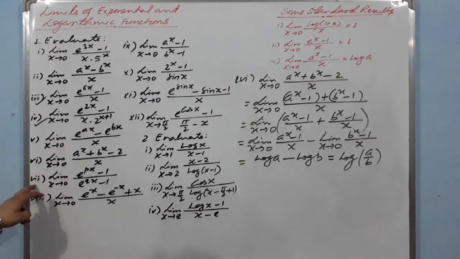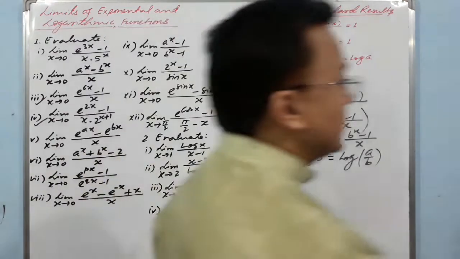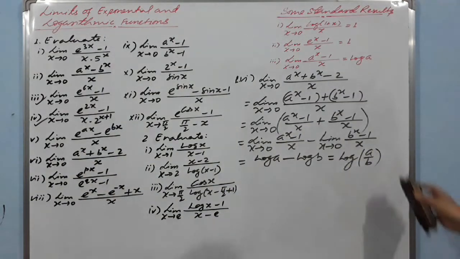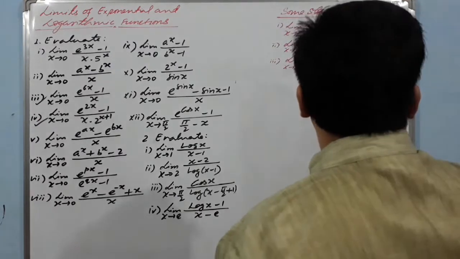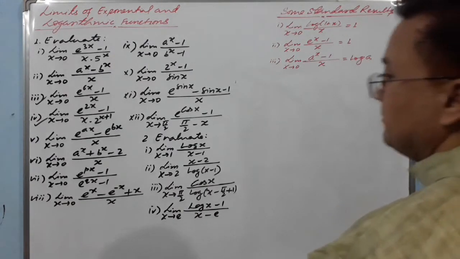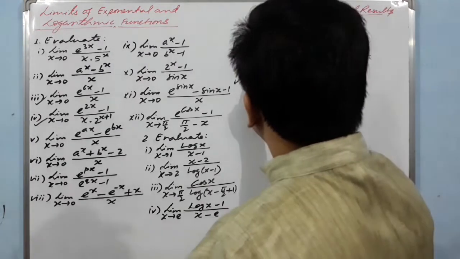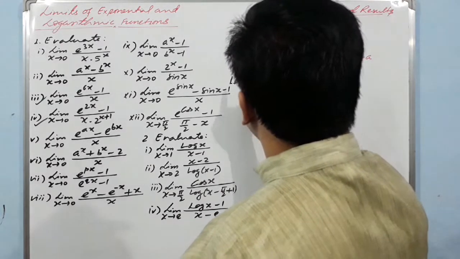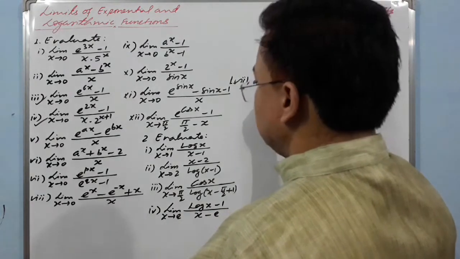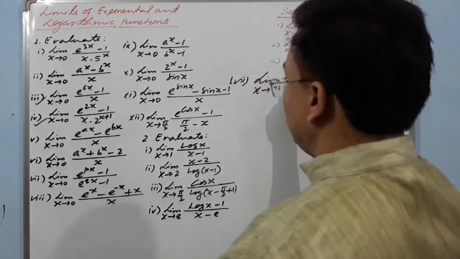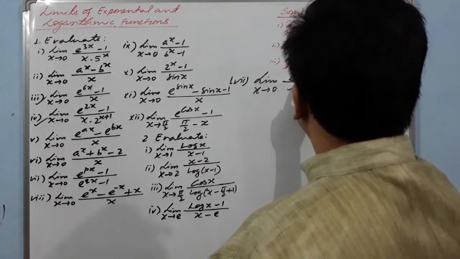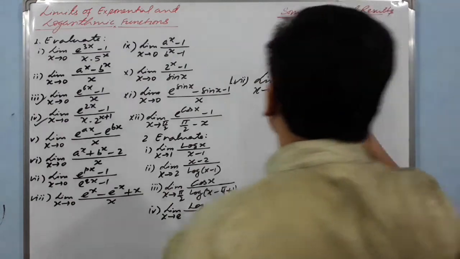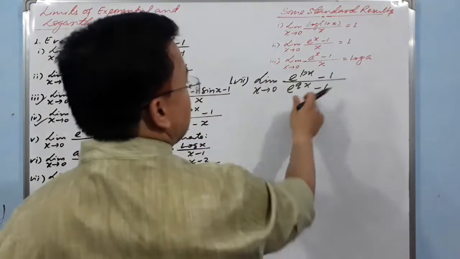Now let's see question number 7. Question 7 is also easy. Limit as x tends to 0 of (e raised to power px minus 1) upon (e raised to power qx minus 1).